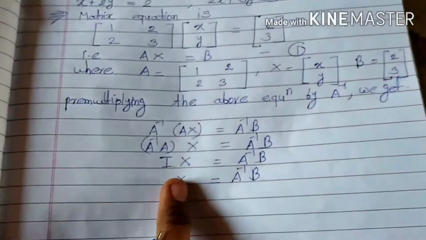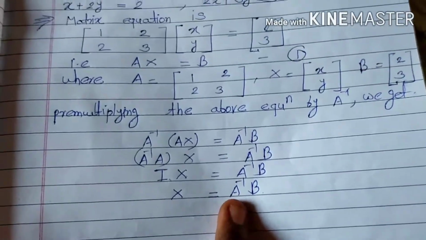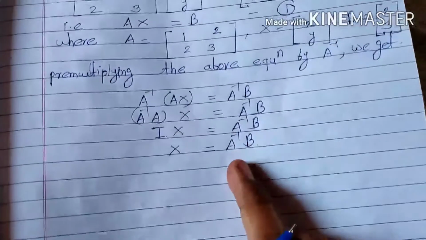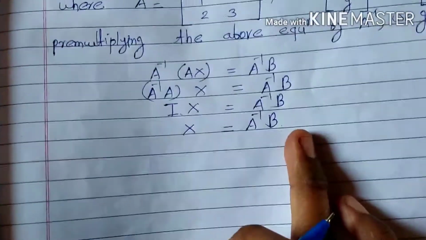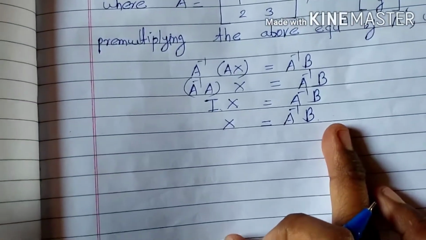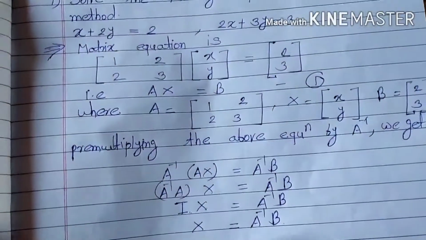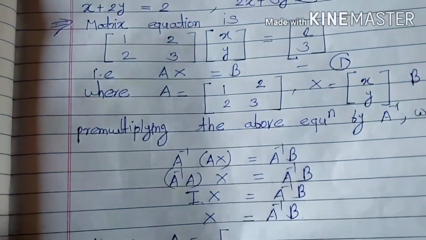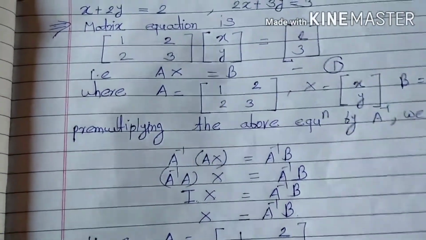So for finding x and y, you have to first find A inverse. And you know how to find A inverse. The procedure is: find minors, cofactors, cofactor matrix, then the adjoint matrix, and find A inverse. So first, A is equal to 1 2, 2 3.